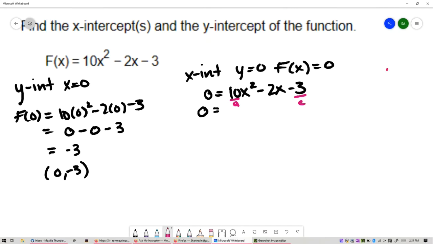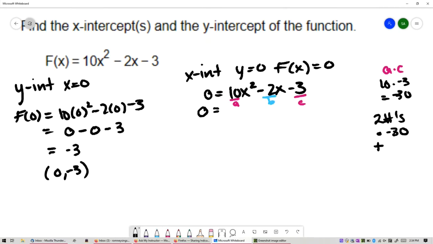So I'm going to do A times C, and A times C would give me 10 times negative 3, which is negative 30. And I want to look for two numbers that multiply to be negative 30, but those two numbers need to add to be the middle coefficient of b.